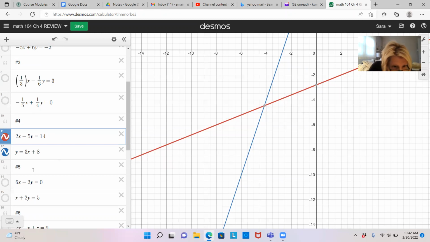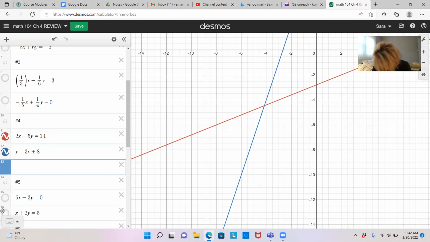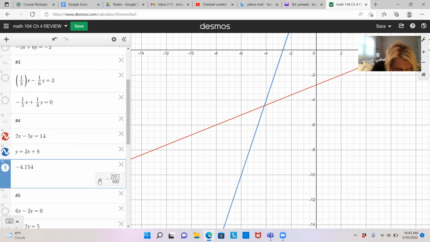Okay, so in Desmos, I'm just going to put in negative 4.154, and then I'm going to put it in fraction form and see if it comes out to be what we had. So now that is not quite the fraction answer.